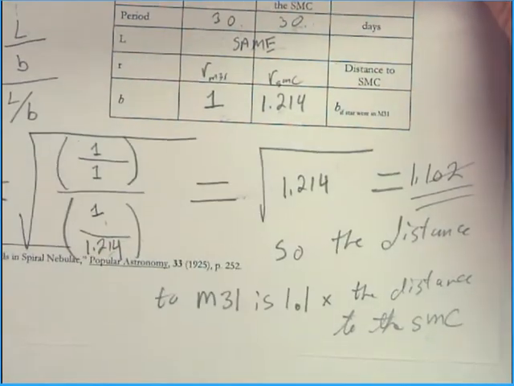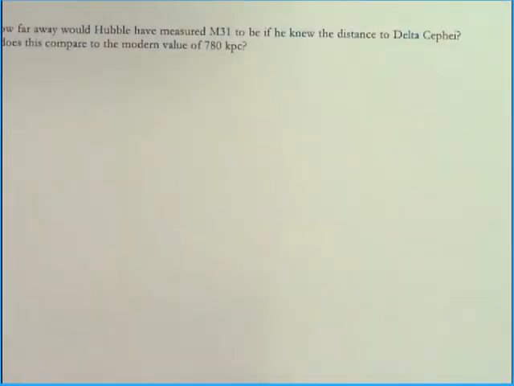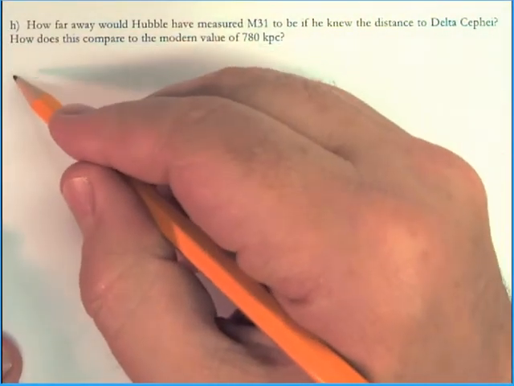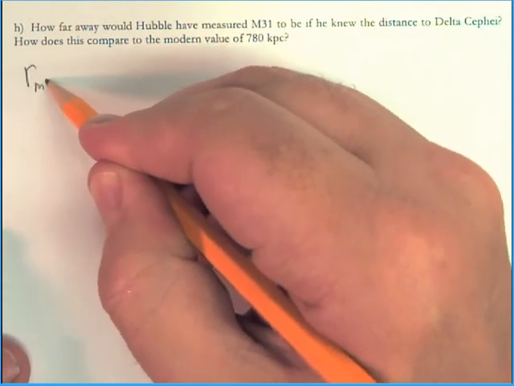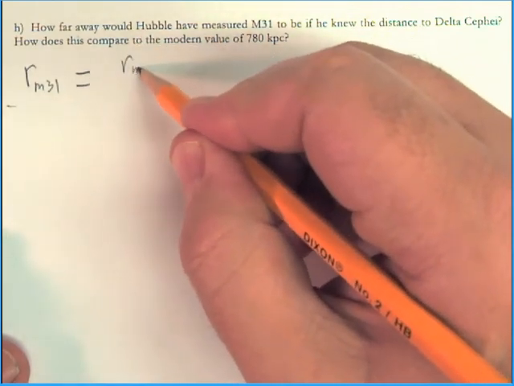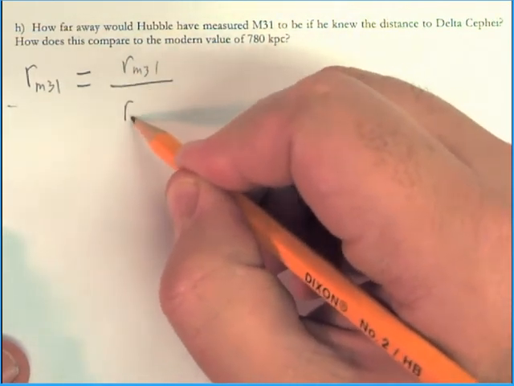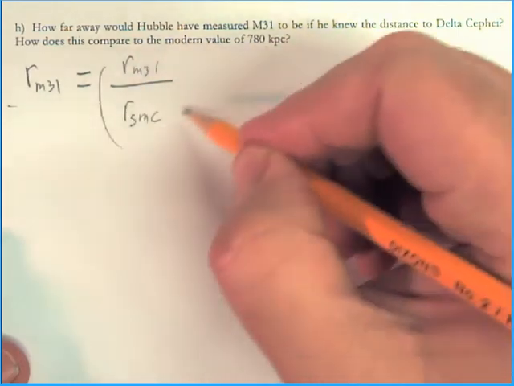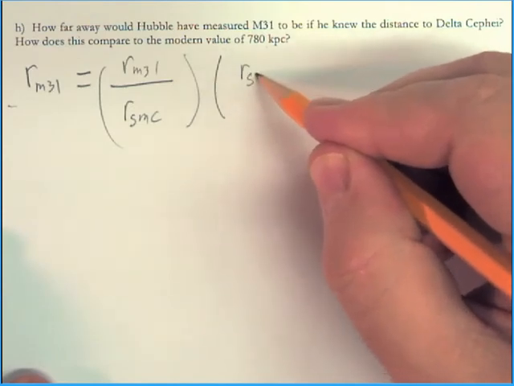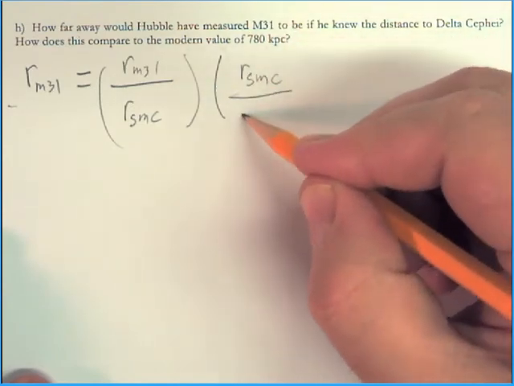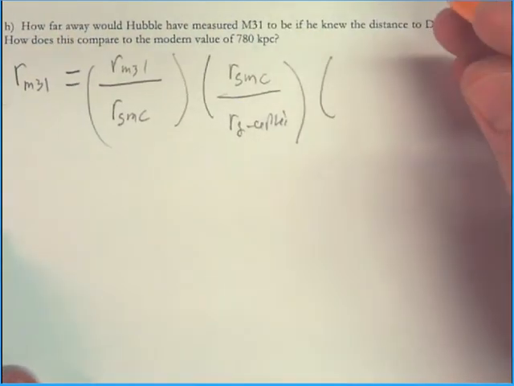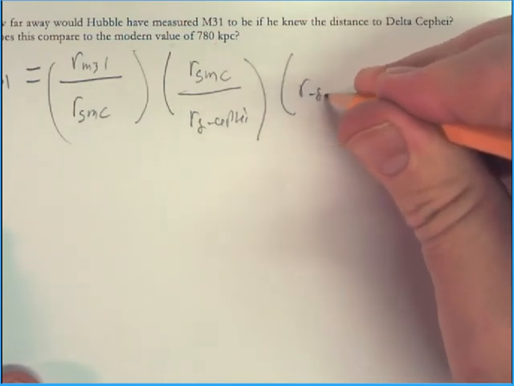So we will then take that the distance to M31 equals the distance to M31 divided by the distance to the SMC times the distance to the SMC divided by the distance to delta Cepheid times the distance to delta Cepheid.